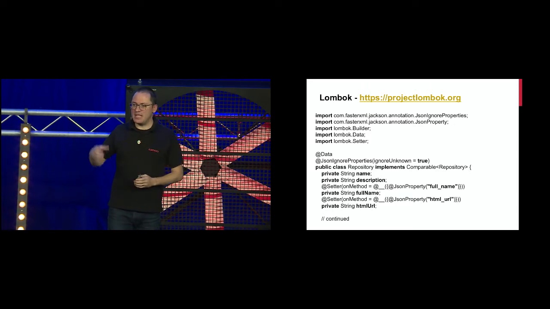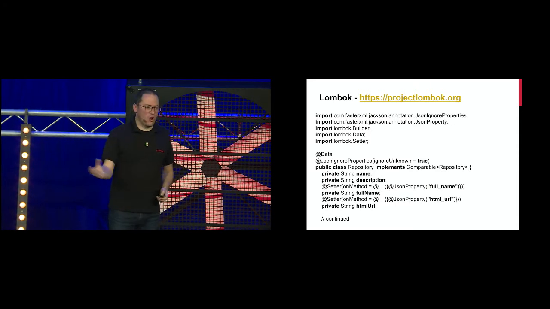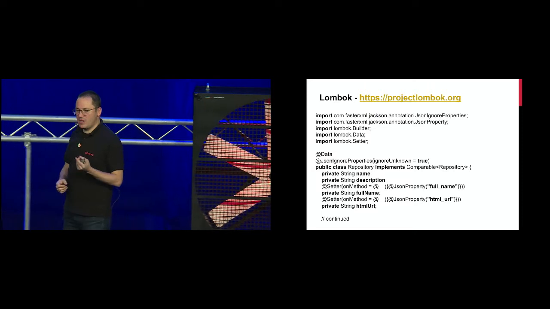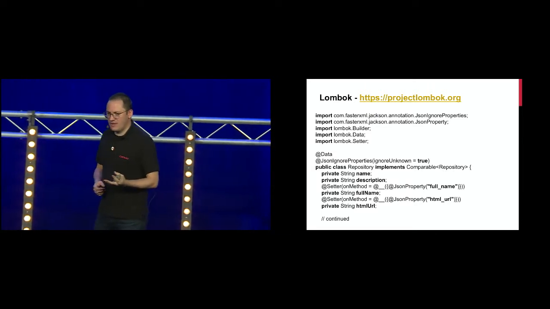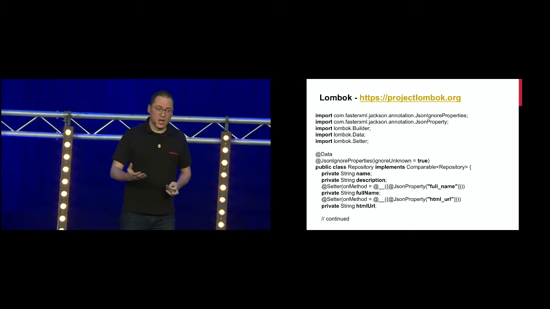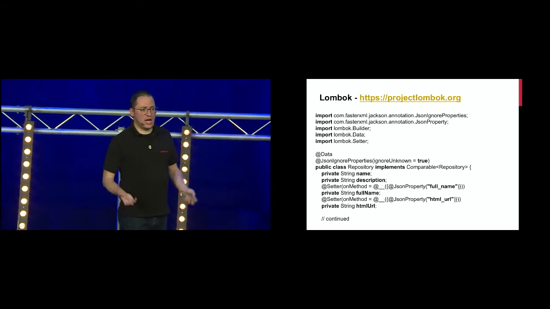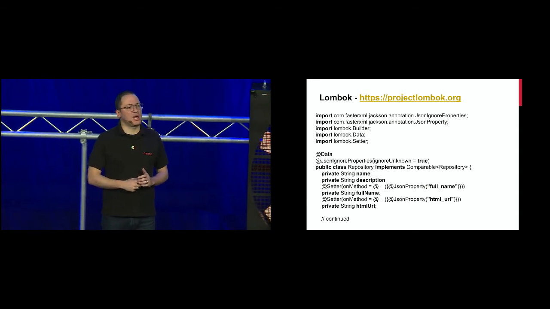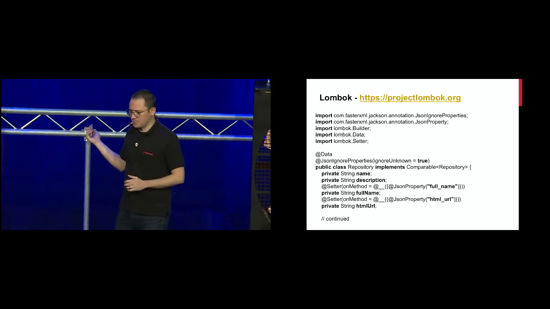Every time we rename the property, then all methods, getters and setters, will be generated by the compiler. This means that you have to have some kind of look-ahead facility in your IDE to get code completion. Well, Lombok is supported by all major IDEs. So you should be good to go no matter which IDE you choose to use.